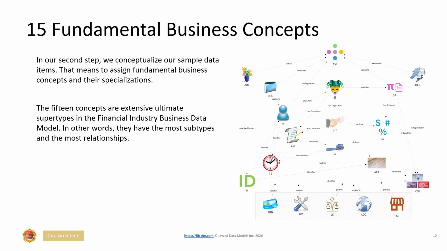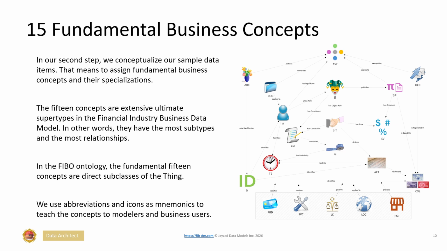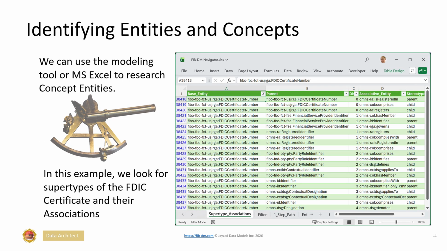And they all, as you recall, have an icon, name, and abbreviation. And in the FIBO ontology, the fundamental 15 concepts are direct subclasses of the thing. Yeah, we use the abbreviation and the icons as mnemonics to teach the concepts to modelers and business users.